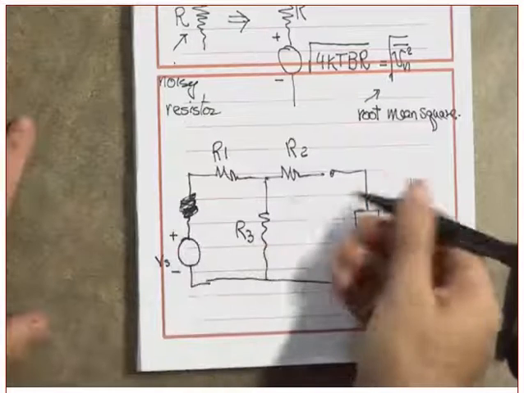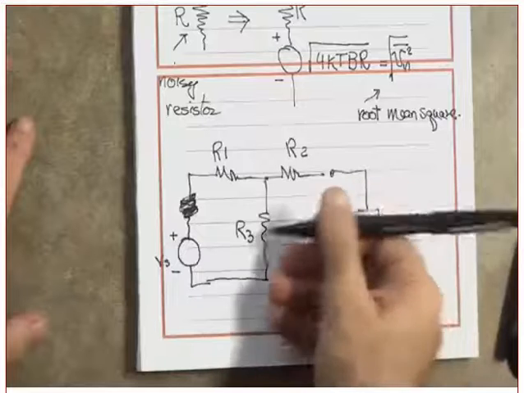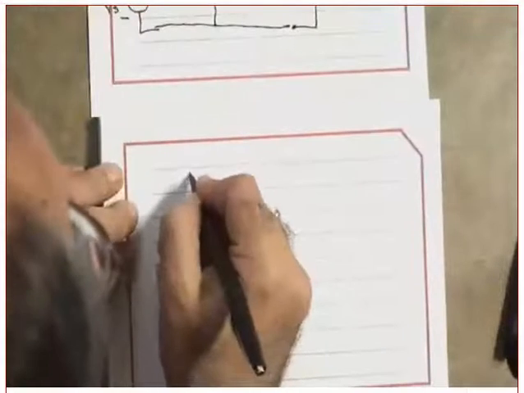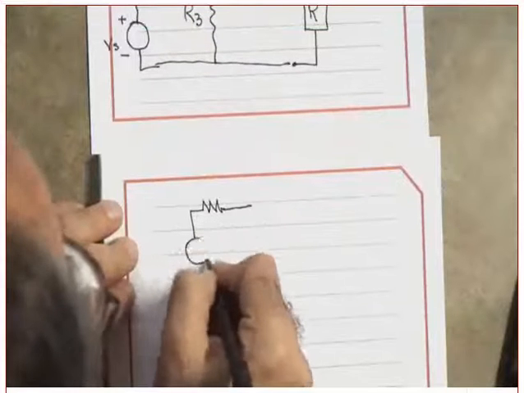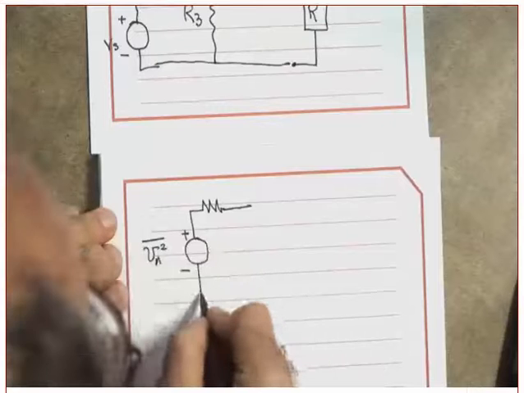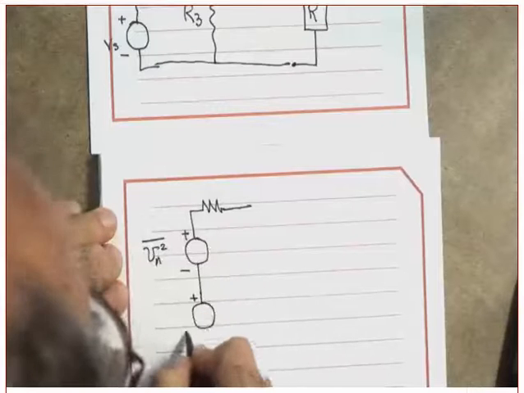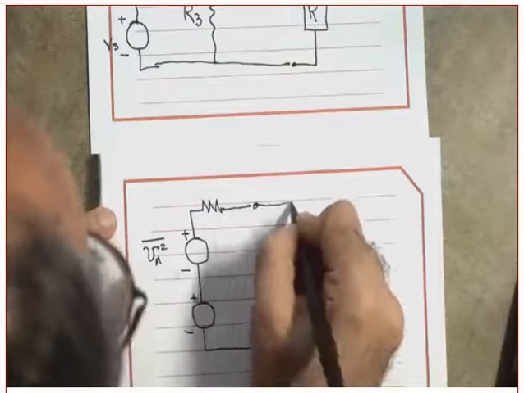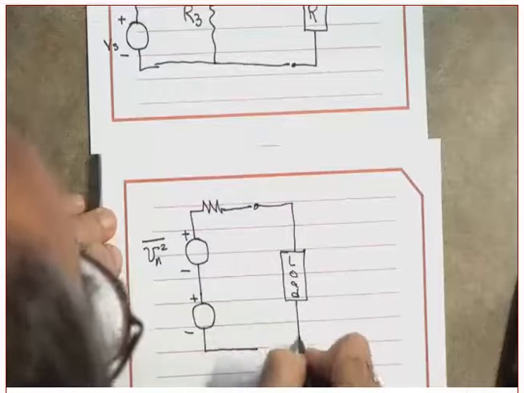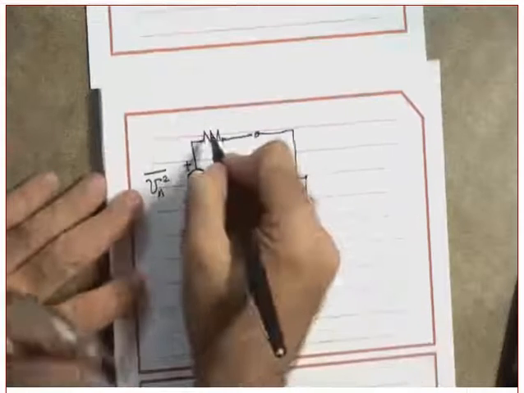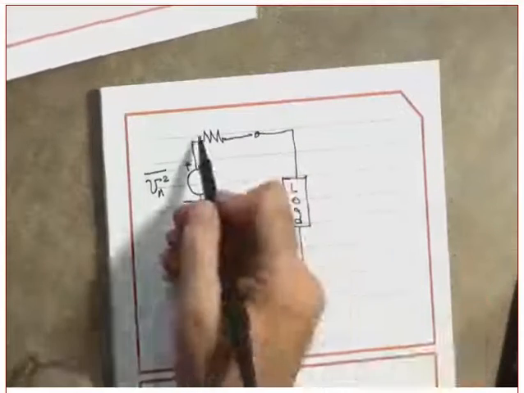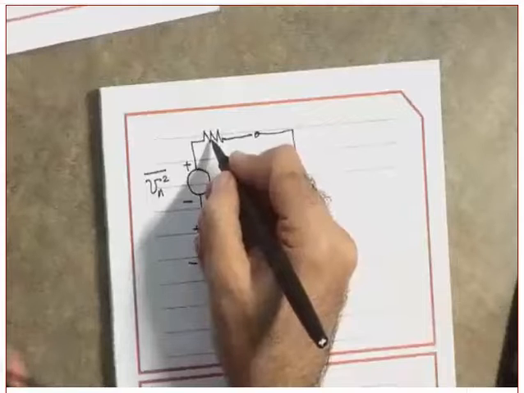Now, what do I do if I want to find the Thevenin's equivalent? By the way, is this resistor noiseless or noisy?